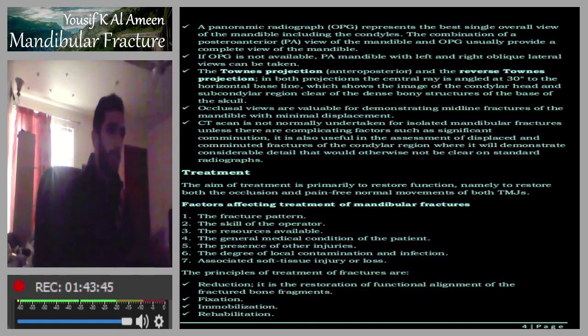This is the first one here, the reduction, which is the restoration of the functional alignment of the fractured bone fragments. Second is the fixation. Then we have the immobilization. And last but not least, we have the rehabilitation.